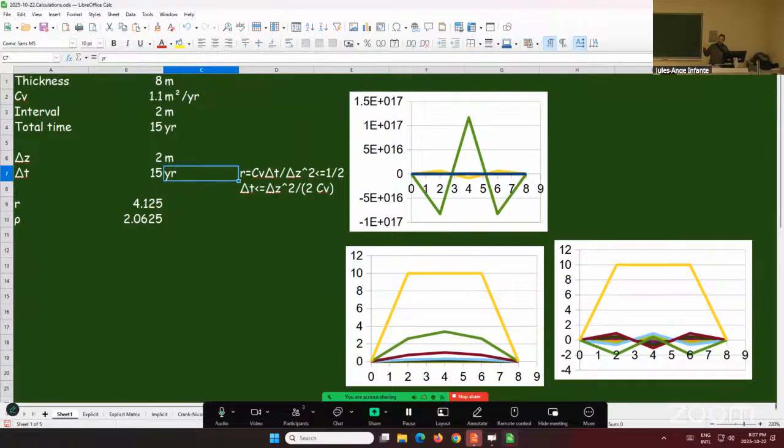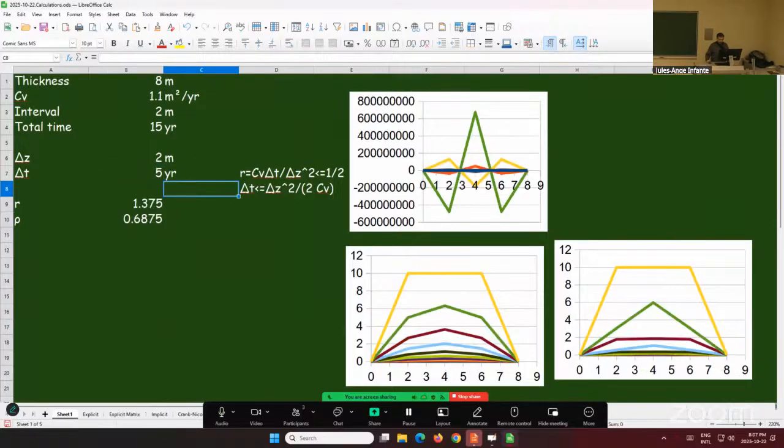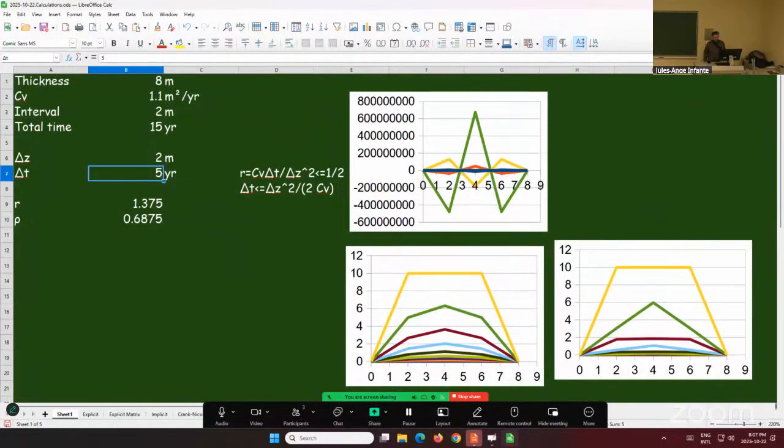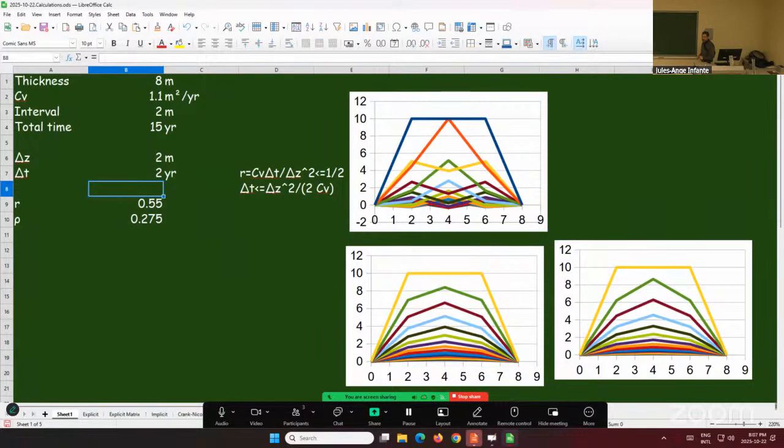So although the explicit method is more sensitive in that time step, here, that one, 15, 1.0, it's not too bad, it's comparable. So keep that in mind whenever you are using these values, okay?